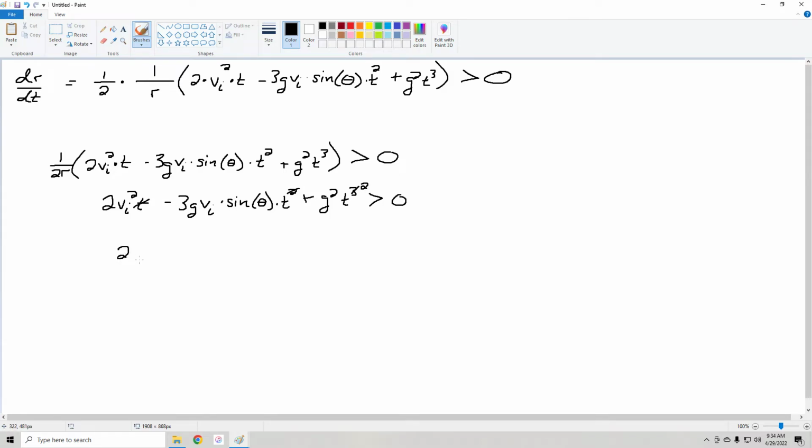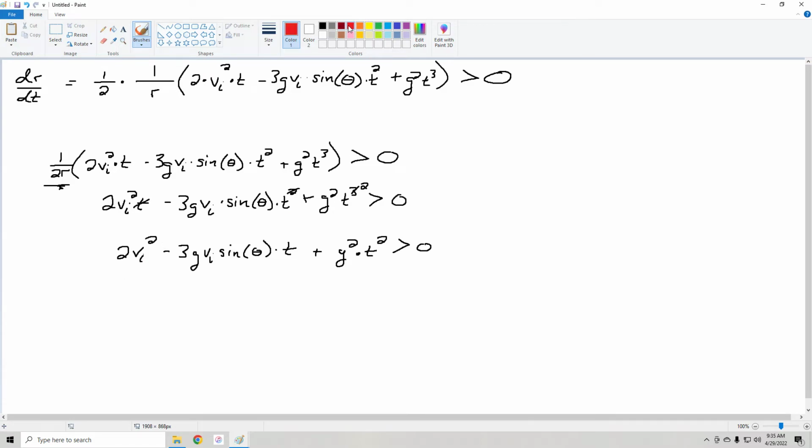So we get 2v initial squared minus 3g v initial sine theta multiplied by t plus g squared times t squared greater than 0. So that's kind of cool, eliminating the t's on both sides and eliminating the 1 over 2r piece from up here turned this expression into a quadratic in t.